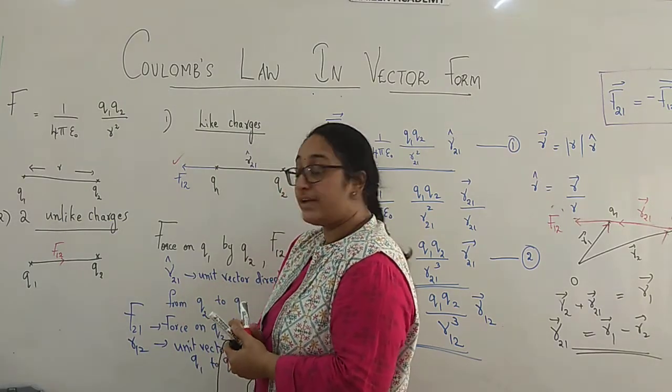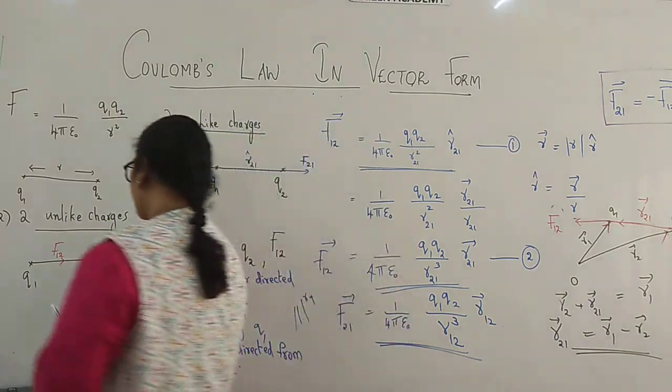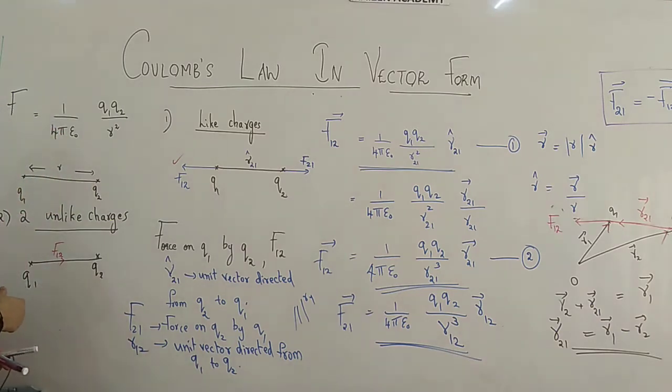Let's again draw F21, the force on Q2 by Q1. What will Q1 try to do? Q2 will be pulled towards Q1. Attraction, no? That is represented as F21.